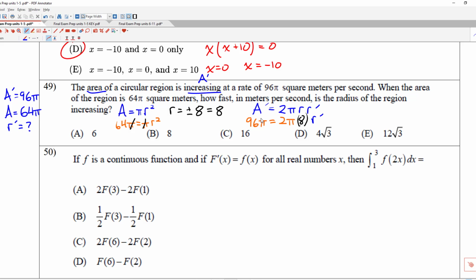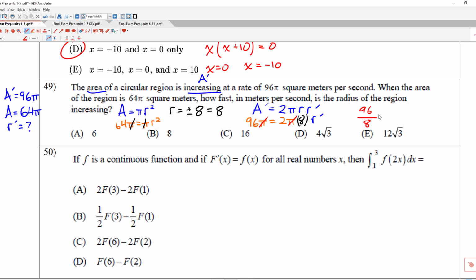So literally just divide everything to find the answer. Let's go ahead and divide everything by pi. Those pi's are gone. Divide both sides by 16, I guess. What is 96 divided by 16? I can't do that in my head. Let's do 96 divided by 8.